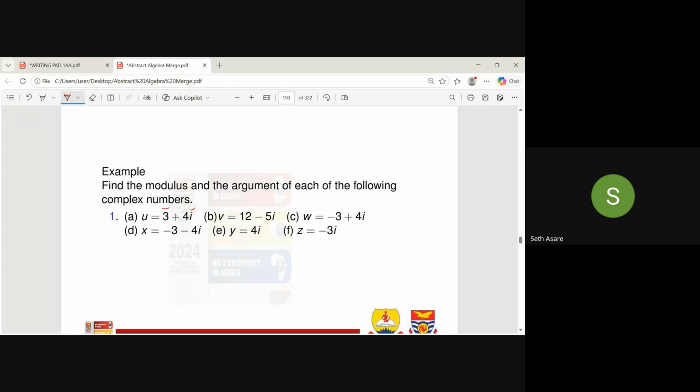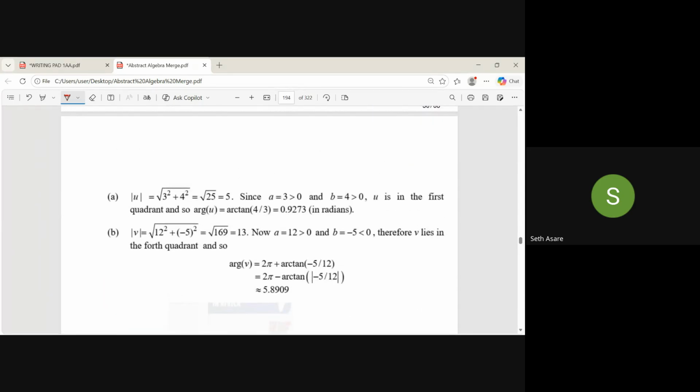Then after we have the modulus, we try to construct cos theta, the cos of the argument, and the sine of the argument of u. Then through that, we'll get whatever we need. So let's take A. u is 3 plus 4i. We need the modulus of it. That is root of 3 squared plus 4 squared, which is equal to root 25, which is 5.